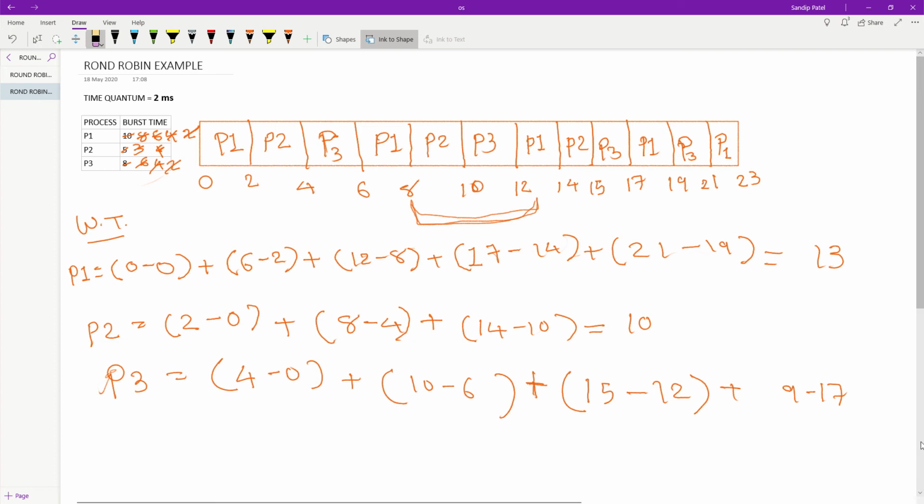So you can work out the total waiting time for P3: 4, 10 minus 6 that's 8, and 11, 12, 13.